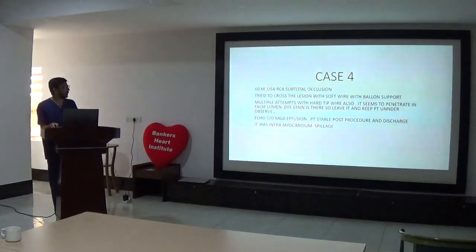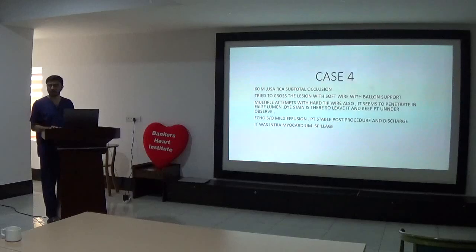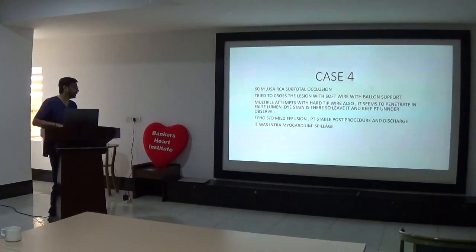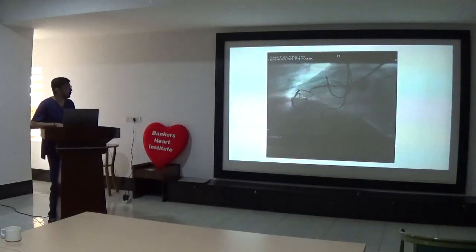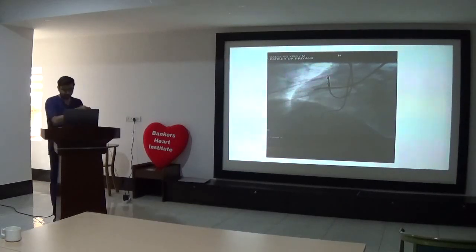And the last case, this is a Ellis type 1, so we need to observe this. A 60-year-old male with unstable angina, RCA was subtotal. We crossed the soft wire with balloon support, and at that time we felt that we were crossing the false lumen. This was the subtotal occlusion.